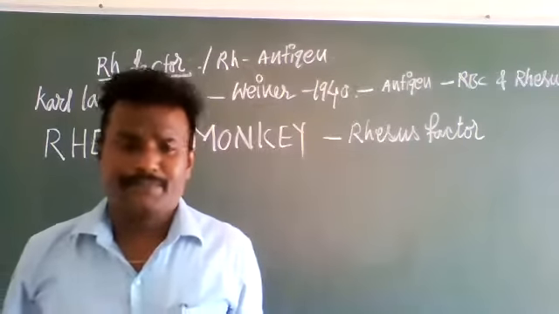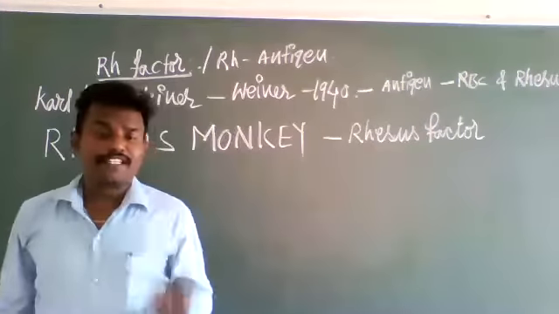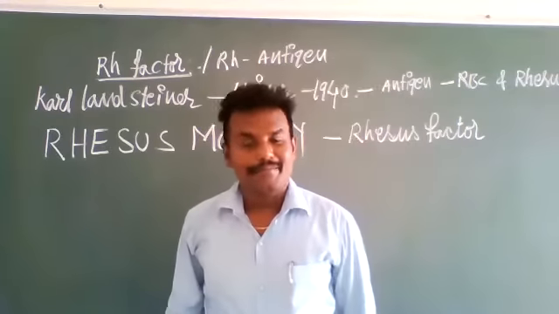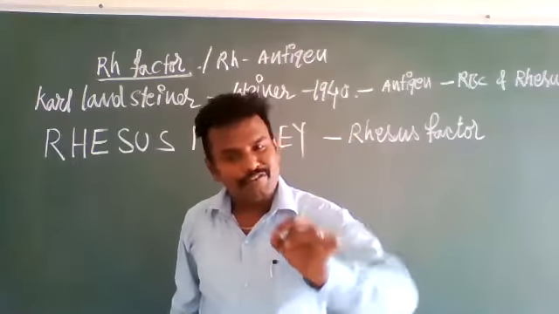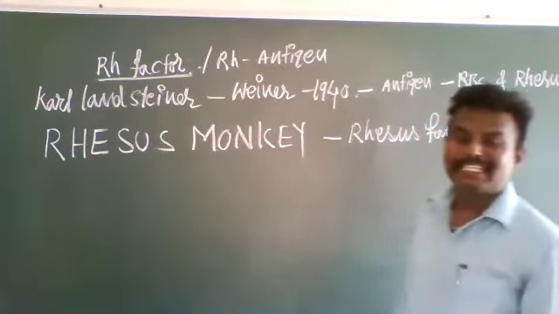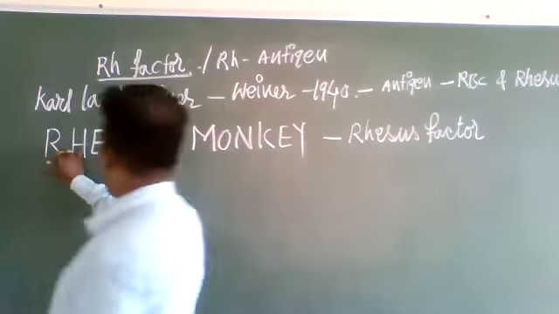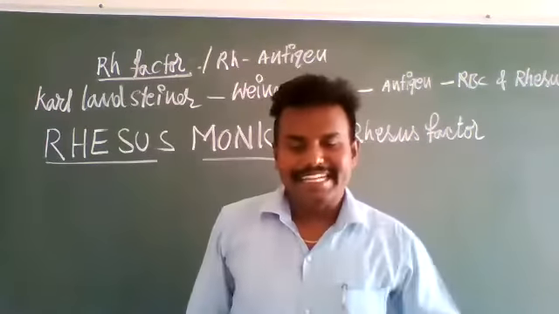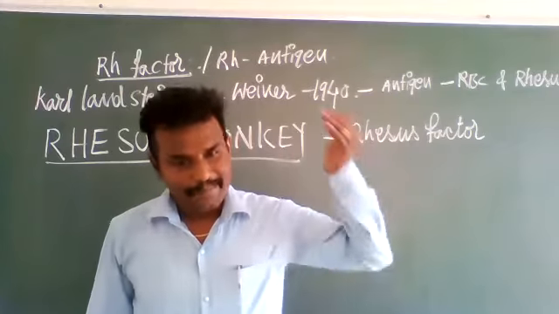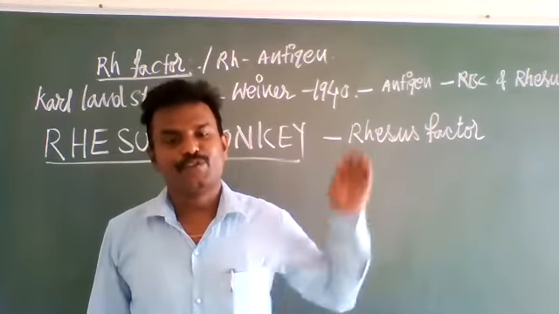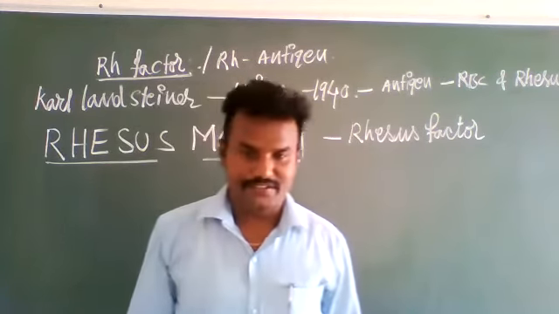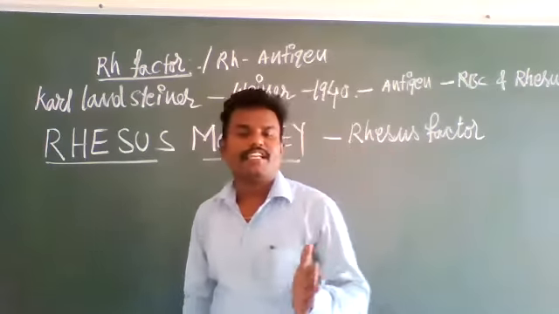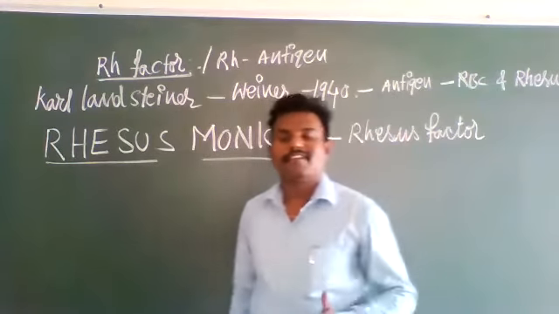Very first, these special antigens were found on the membrane of the red blood cells of the rhesus monkey. Since they were discovered in the monkey, they are called Rh factor, Rh antigen. This discovery happened in 1940.